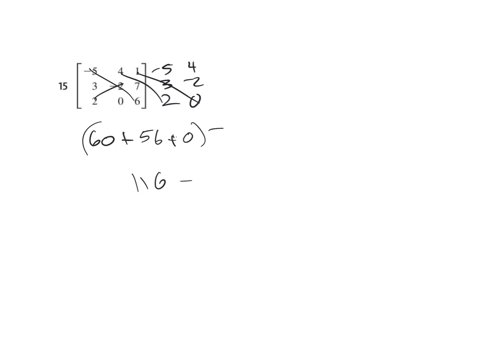And the upward diagonals: negative 4, that's 0, and 18 times 4 is 72. So negative 4 plus 72 is 68. So then 116 minus 68 is 48.